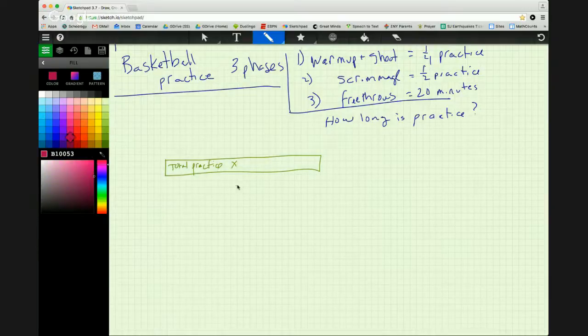So about 1/4 would be right about here, and this is warm up and shooting. Then we're going to go about 1/2 of practice, and we're going to call this scrimmage. And then in the final piece, we're going to do free throws.